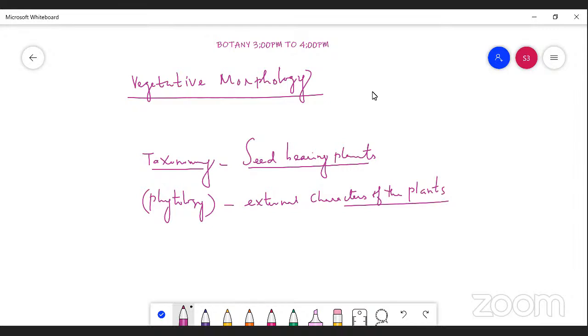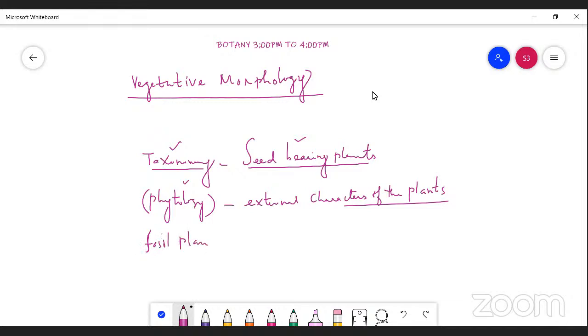Morphology is one part of taxonomy and the study of seed-bearing plants, and also of fossil plants.